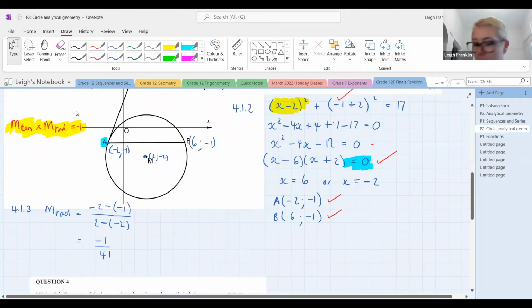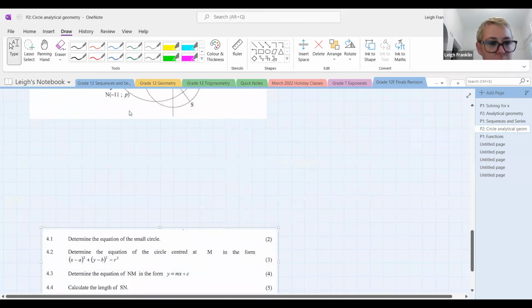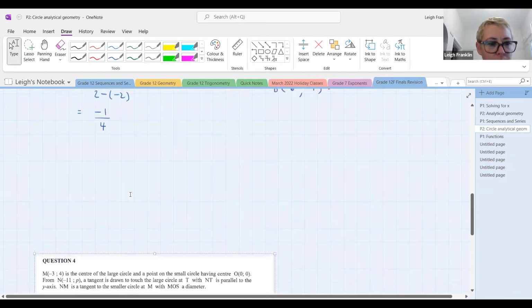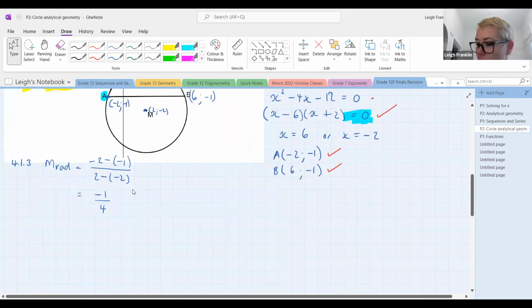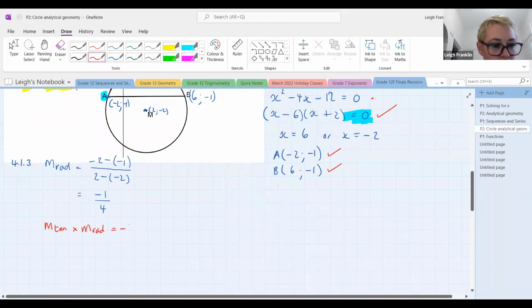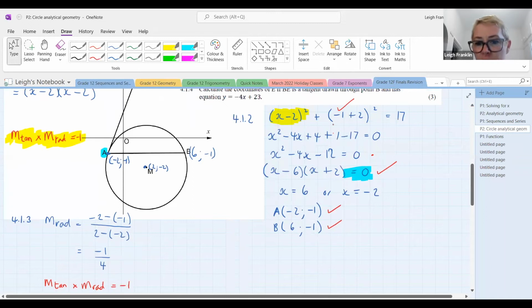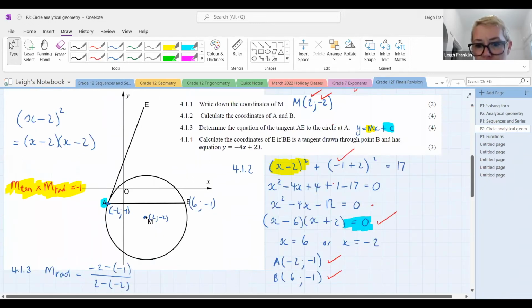That's perfect. Hang on a second, let me just move this down. So now we would write the gradient of the tangent times the gradient of the radius gives us -1. We know we want the gradient of the tangent because that is the m in our y equals mx plus c over here.